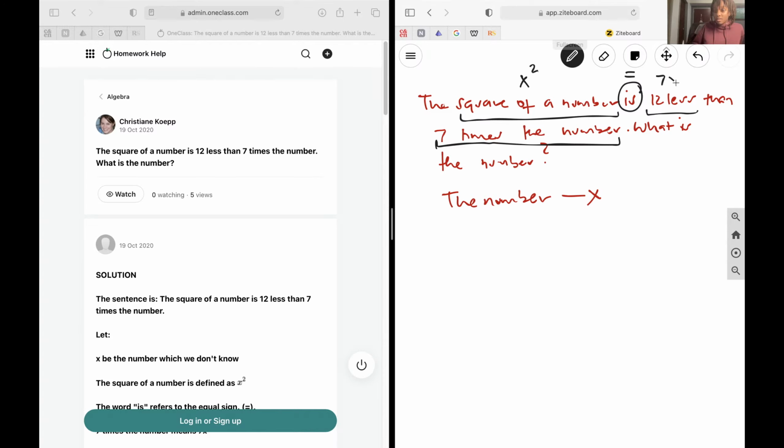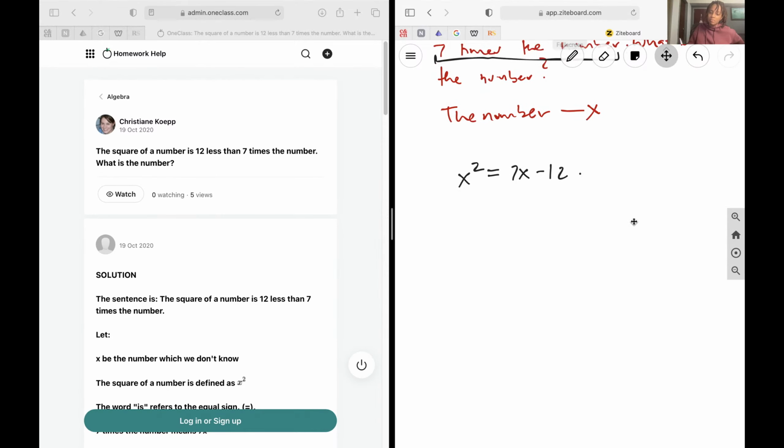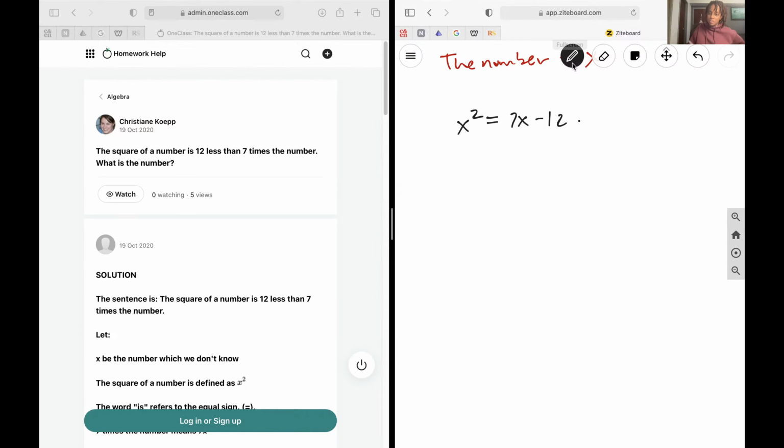So 7 times the number, and then I take off 12. Okay, and so now I just put that all together and I get x squared is equal to 7x minus 12. So convert it into the correct mathematical form. Ensure that you don't change the meaning of what they've said at all, or you'll get an incorrect answer. And then now I just solve for x using what I know from class.